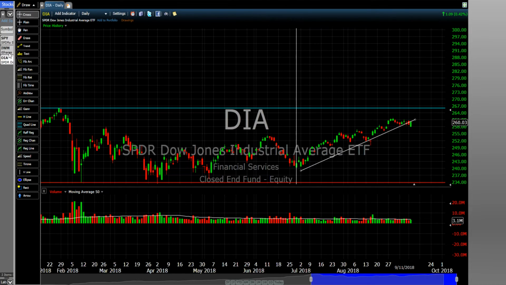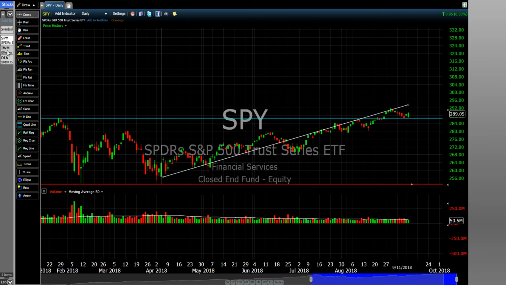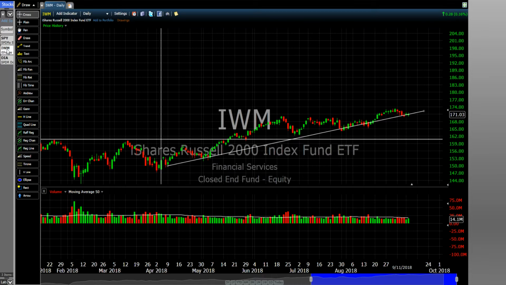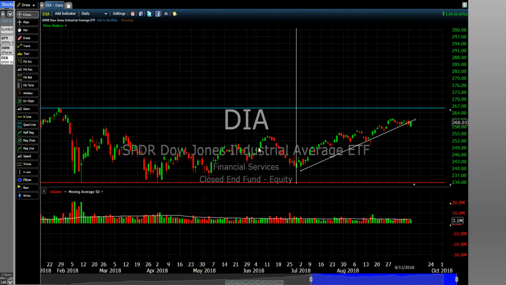Now what does it mean? It means that the SPY, which is S&P 500 stocks, and Russell 2000 ETF, they are way better, 3 months better than Dow Jones. Dow Jones is not performing good against the others. And this is the first time I see that these 3 major indexes are not doing the same.